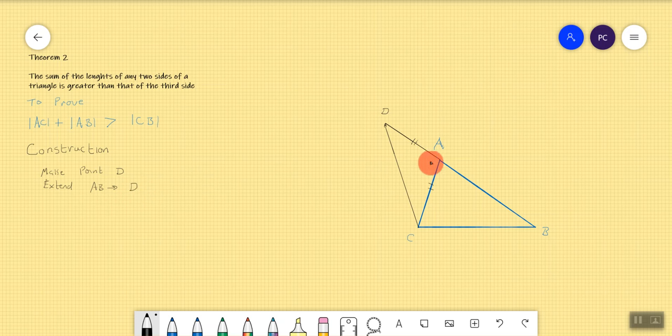And then we can say that the line segment AD will be equal to the line AC. When we've created these, we've basically created an isosceles triangle. So this length is equal to this length, therefore this angle and this angle have to be equal to each other.